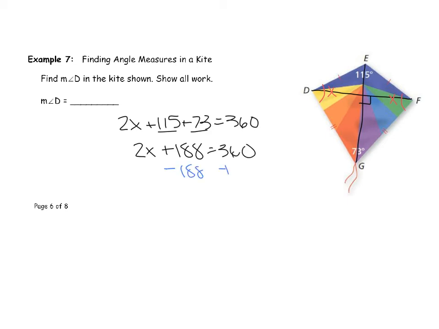I'm going to subtract that 188. We get 2x equals 172. Last step here is to divide by 2, and we get that x equals 86. So one of the angles is 86 degrees, and the other one would also be 86 degrees.